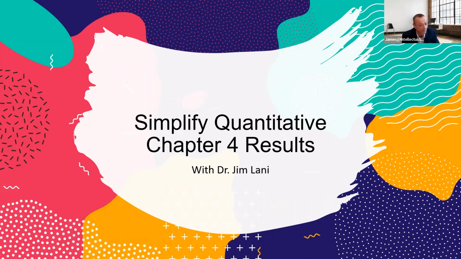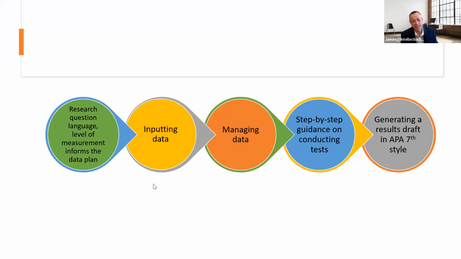So this is a whopping 2-slide presentation: simplifying quantitative results. It's really a 5-step process. There are more nuances to this, but basically, we need to get to a data plan. We need to know what statistics we're going to conduct.